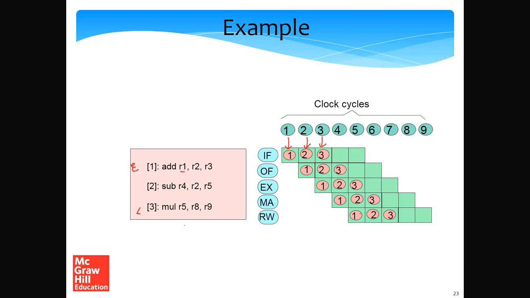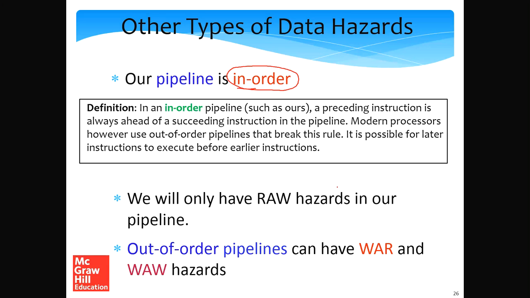It's ahead in the pipeline, right? And a later instruction, such as instruction 3, will always be behind instructions 1 and 2 in the pipeline. It is never allowed to overtake. So this property is called an in-order pipeline.